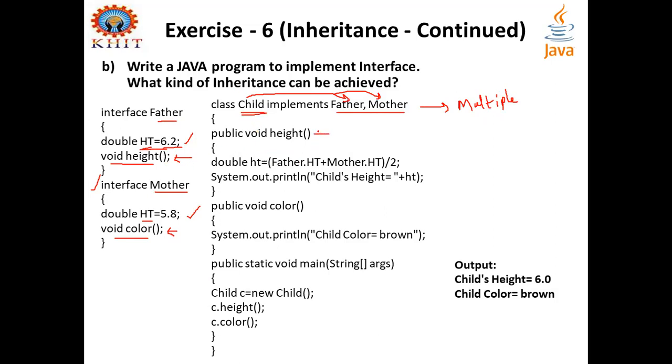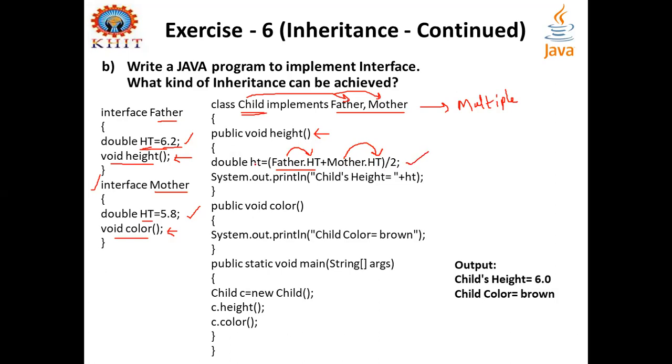This height is the first, father interface method. So inside this method, what is the implementation? It has its own implementation. It accesses that variable through the interface name, and the same with the mother height variable, through mother interface name dot variable name, divided by 2.